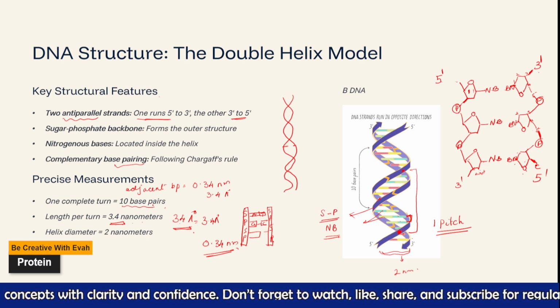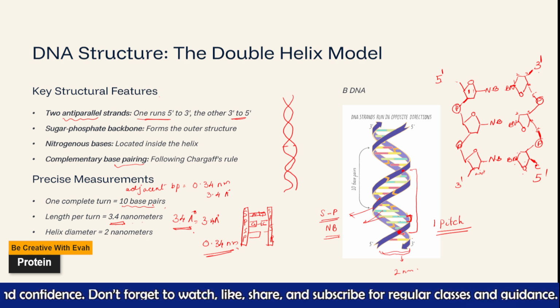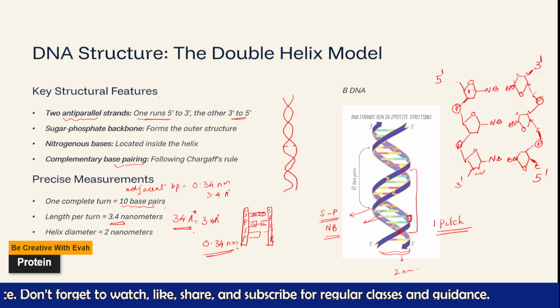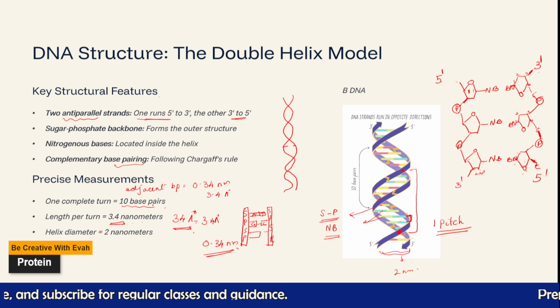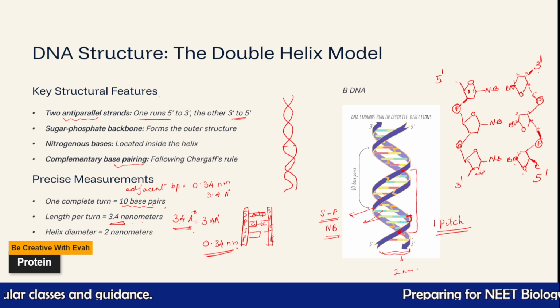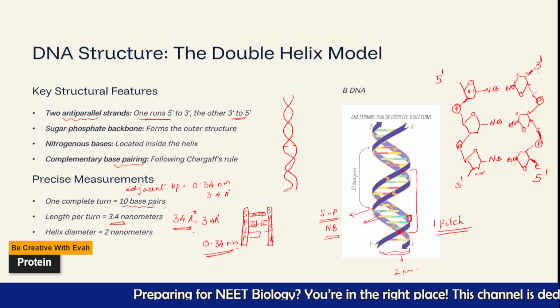And what types of bonds are there in the DNA? Can anybody say what are the different types of bonds present in the DNA? Last class, we learned about the bonds present in the nucleotides. Here we have to add some more bonds. Which are the bonds present in the DNA? Yes, you are right.